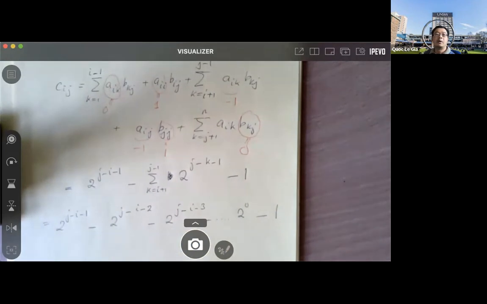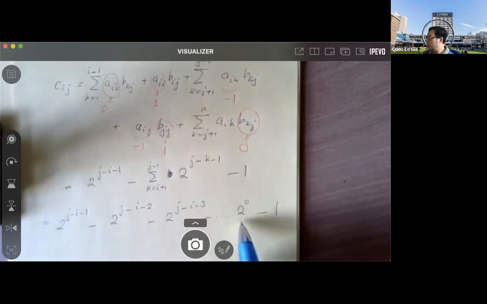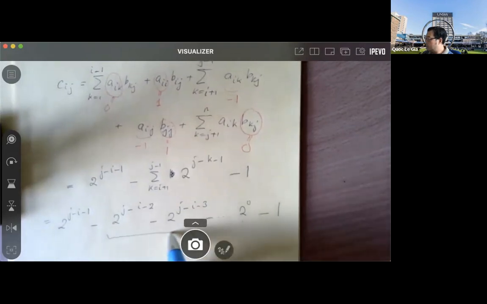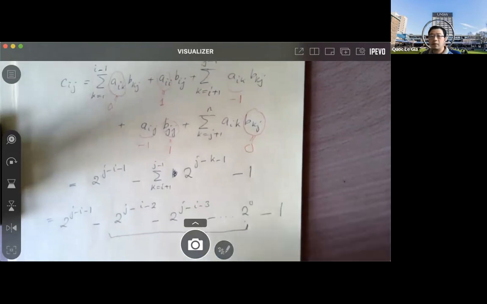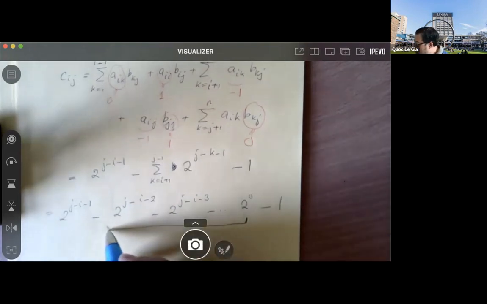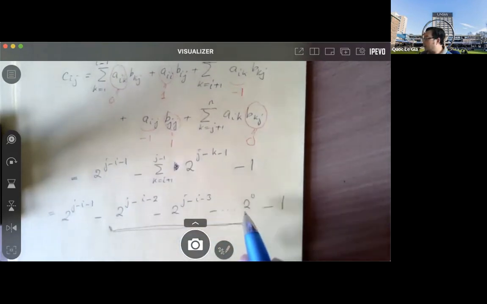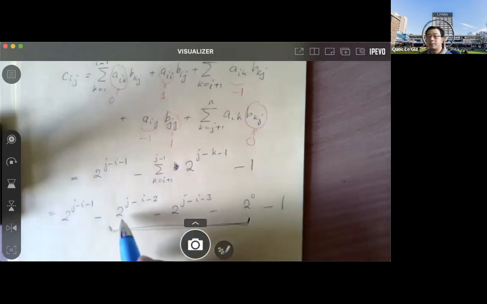So now we need to evaluate this middle term. It is a geometric series. You see that it will be like 1 plus 2 plus 4 plus up to 2 to the j minus i minus 2, right?